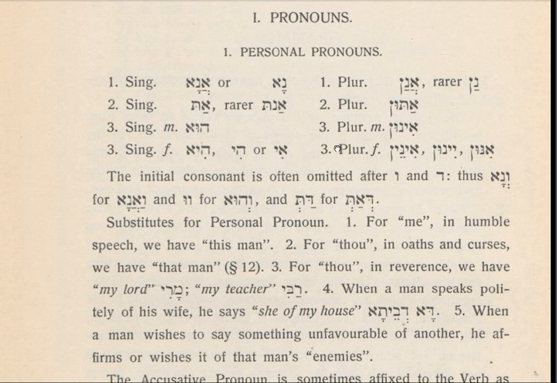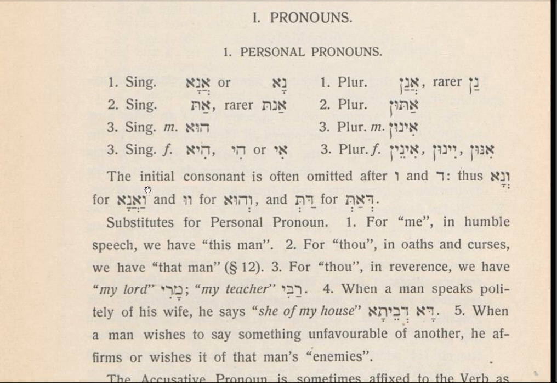Let's run through these again. Ana is I, at is you, hu is he, hi is she. Anan is we, at-tun is you all, innun is them, masculine, and inane is them, feminine, or innun.